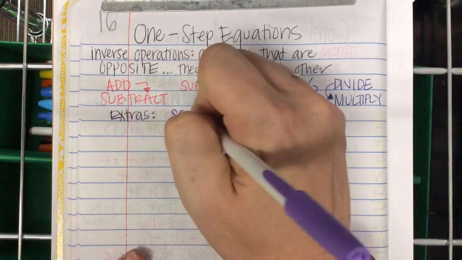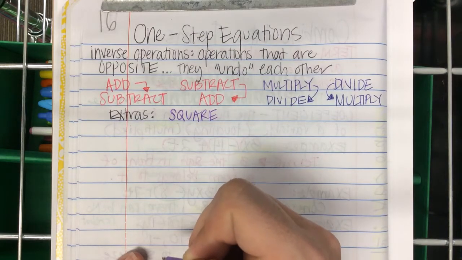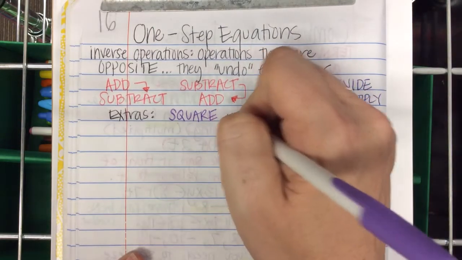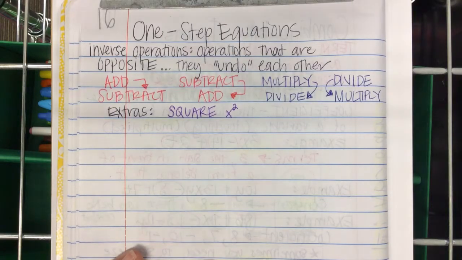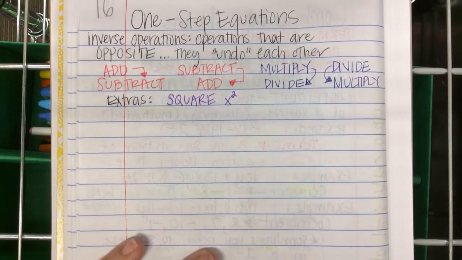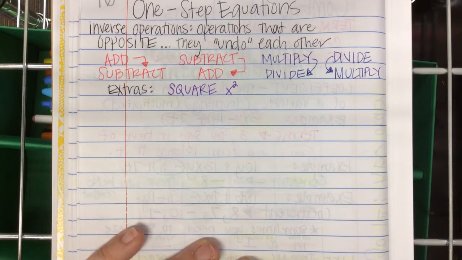If something is squared, meaning it has an exponent of 2, what's the inverse or the opposite? What do you do to undo a square? Not close. Not dividing is close.